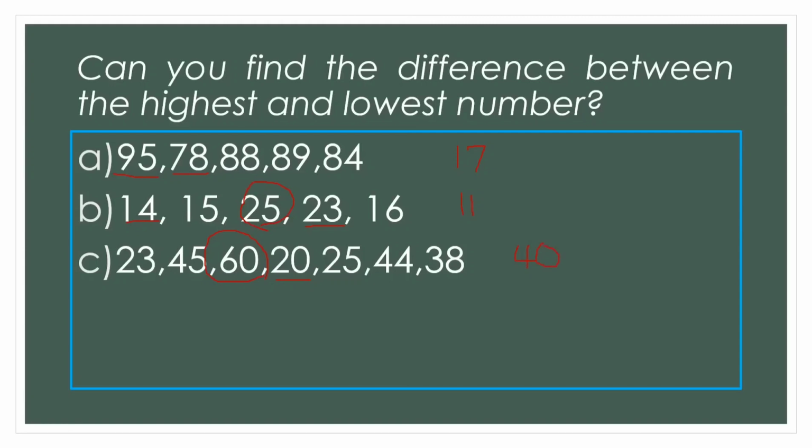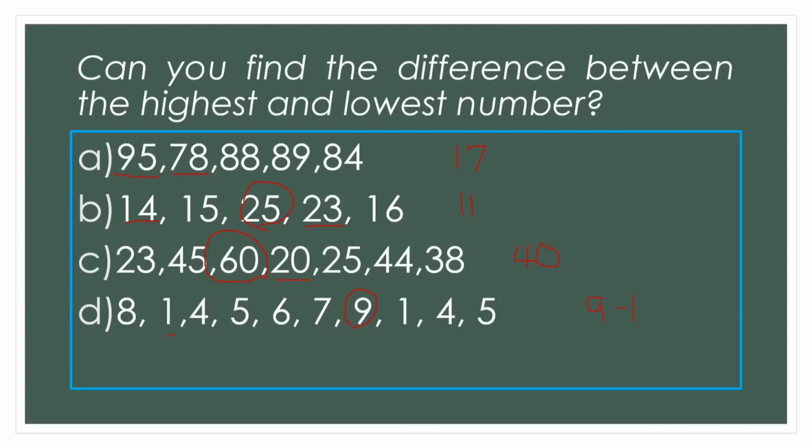All right. Next, we have this set of numbers. What is the difference between the highest and lowest? The answer is 8. Am I right? Because the highest number is 9 and the lowest number is 1. And 9 minus 1 is equal to 8.